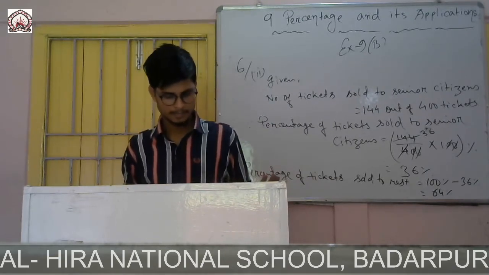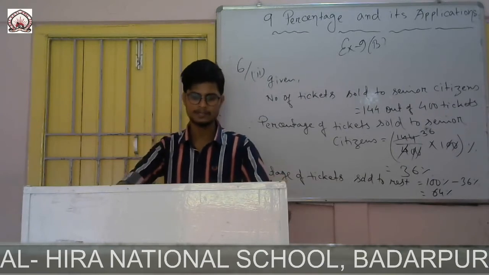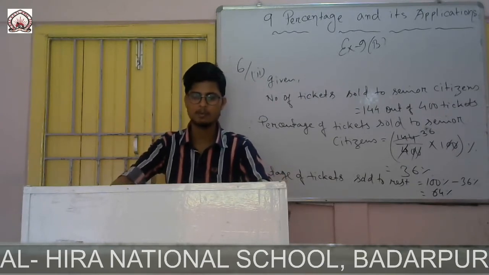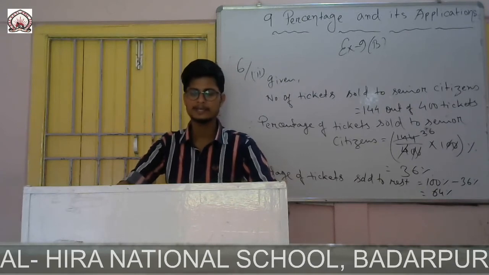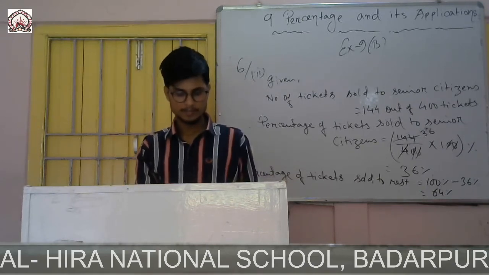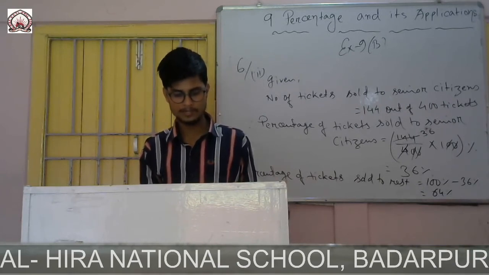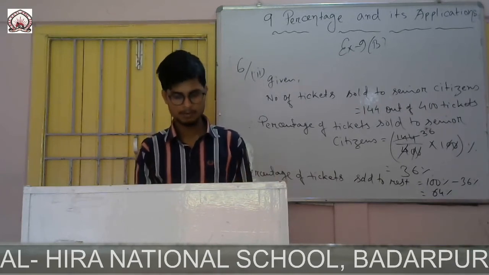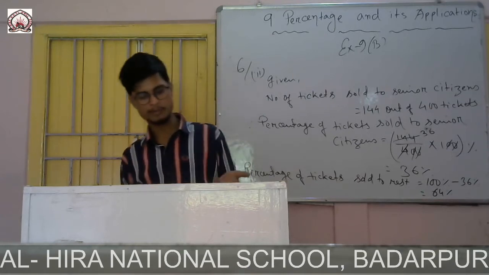Question number 7. You spend 7.5 hours out of 24 hours in school. What percent of the day is it? You do it by yourself, same like this one. First you write 7.5 hours out of 24 hours, then you convert this mixed fraction into an improper fraction.